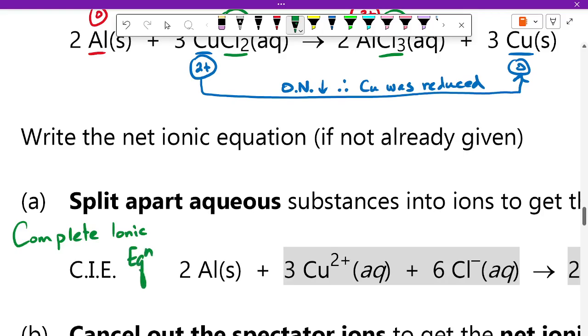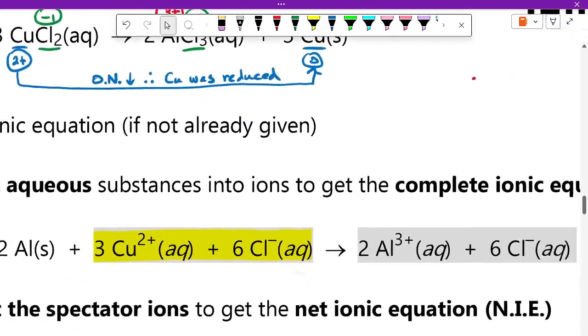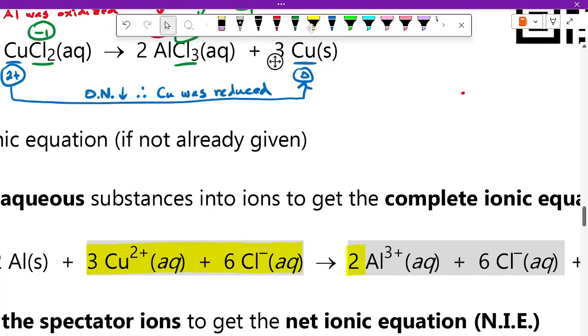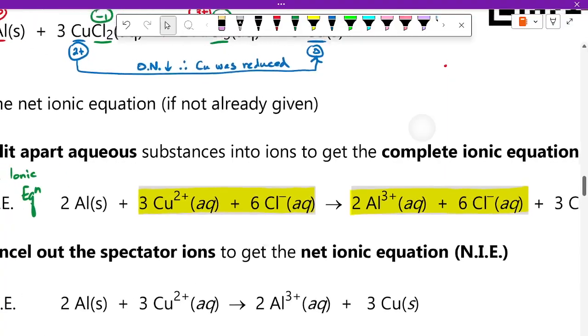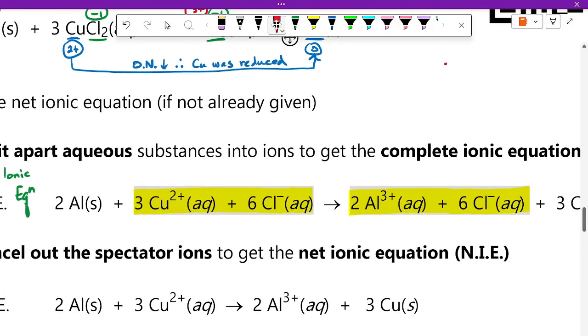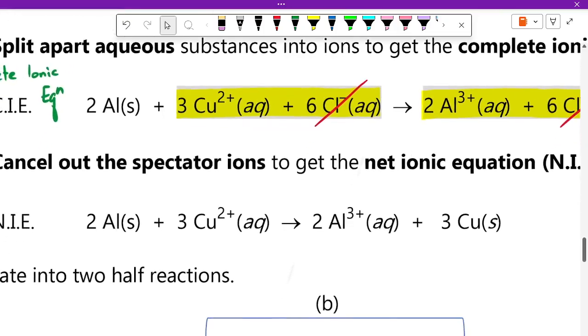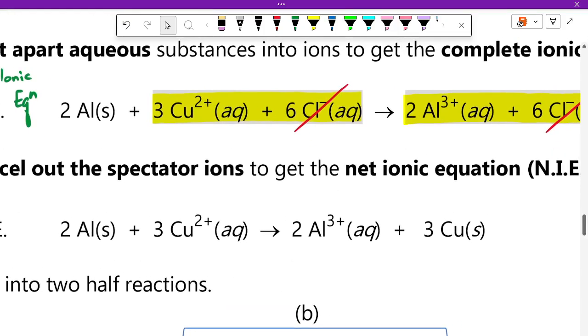Where we split apart the copper chloride into 3 Cu2 plus and 6 Cl minus. And we split apart the aluminum chloride into 2 Al3 plus and 6 Cl minus. And then from there, we would cross out our spectator ions. But like I said, that's not necessary. If you can go straight to the net ionic equation, go for it.